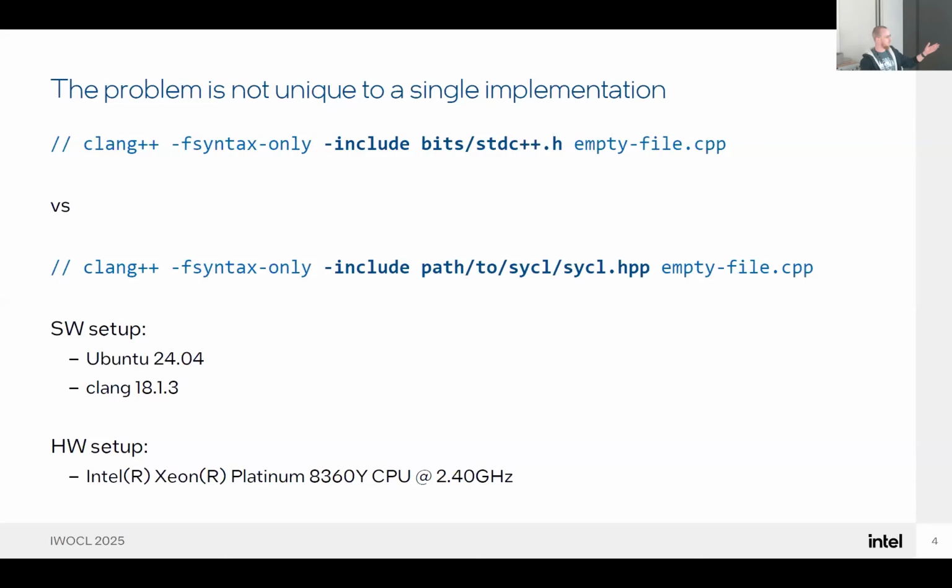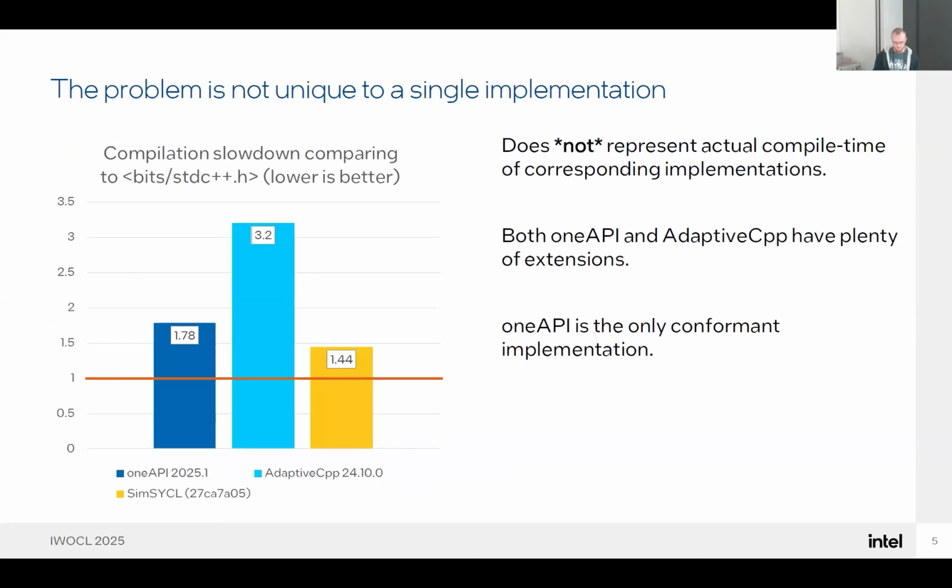So I took a standard Clang which was on the system and compared those headers. We can see that all three implementations, OneAPI, AdaptiveCpp, and SimSYCL, this SYCL HPP header is way bigger than the whole standard C++ library, and you are paying that cost every time you compile a SYCL application, however small your CPP file is.